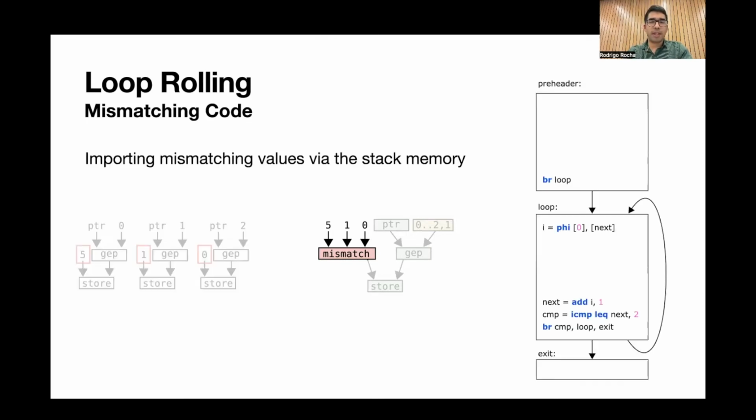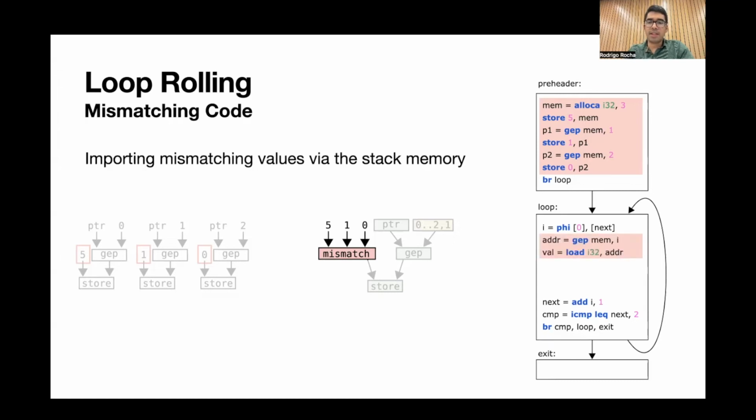In the general case, when performing code generation for a mismatching node, we'll import the values into the loop via the stack memory. So in the pre-header, before entering the loop, we'll allocate an array in the stack memory. Then we'll store each one of the mismatching values into this array in the pre-header.